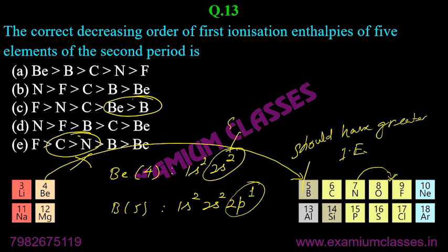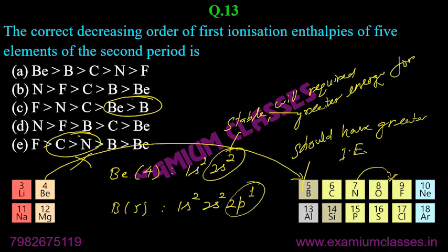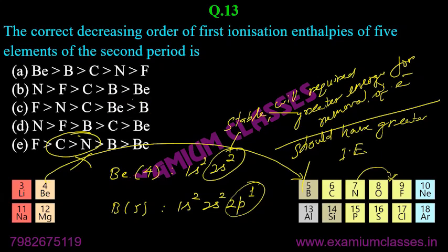So this is a stable configuration, which will require greater energy for removal of electron. So that's why this is correct. Beryllium will require greater energy than boron. So this is the exception.